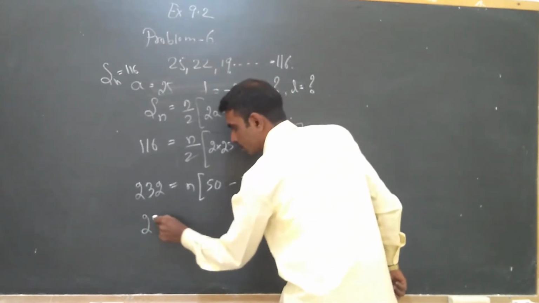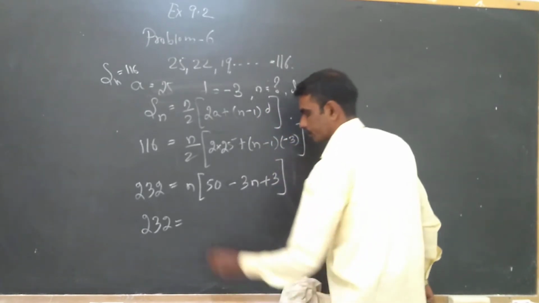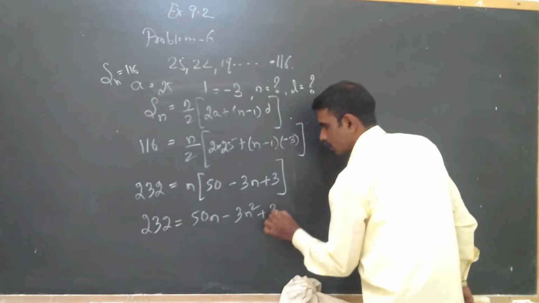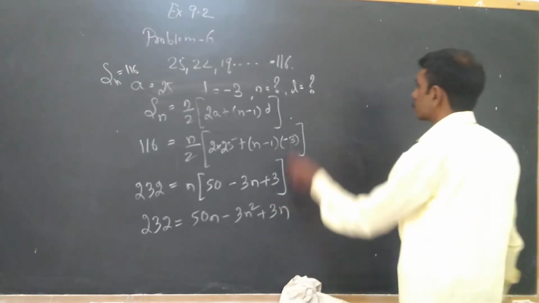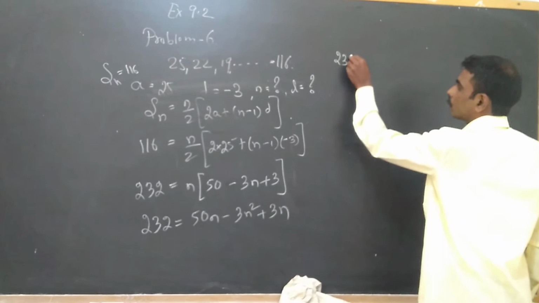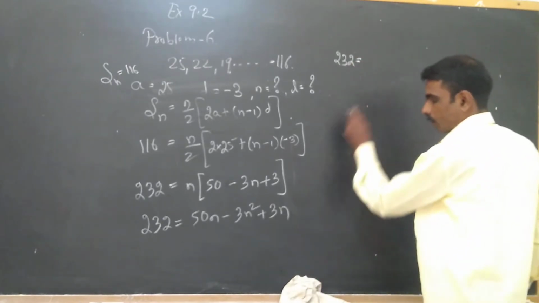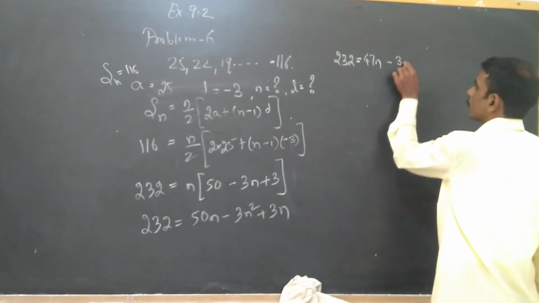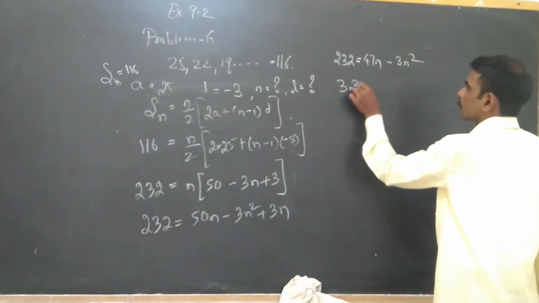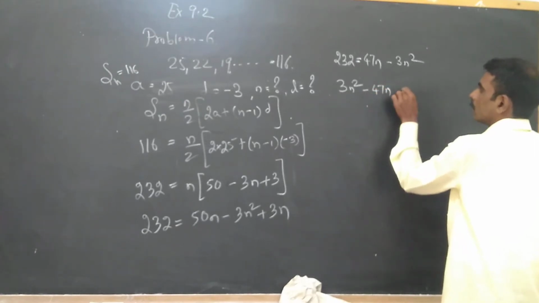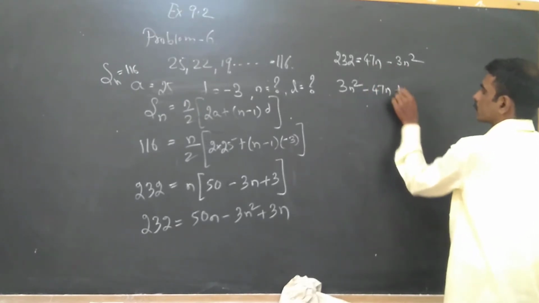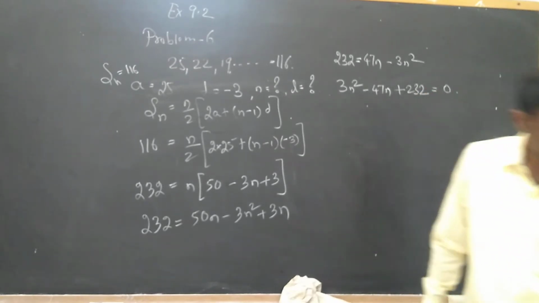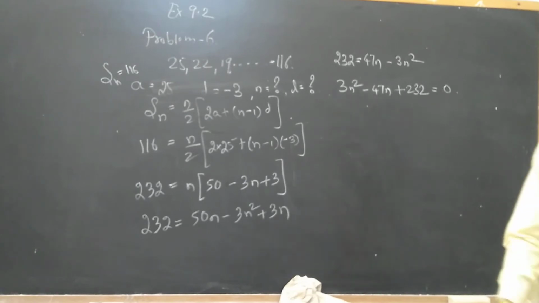So this will be 232 is equal to 50n minus 3n square plus 3n. So 3n square minus 47n plus 232 is equal to 0. This is what we get here.